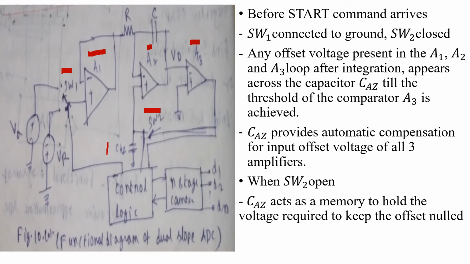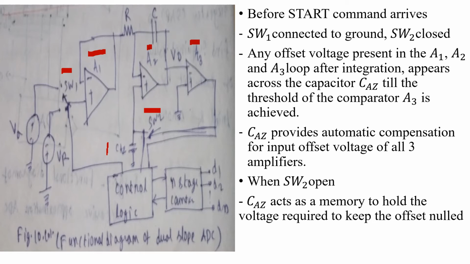Then CAG provides automatic compensation. The CAG capacitor voltage provides automatic compensation of the input offset voltage of all three amplifiers.